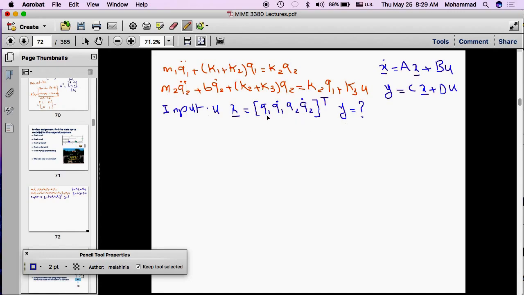So y could be any of these members of the state vector, either one of them or more than one of them. So it could be one of the four, two of the four, three of the four, or all of them. So let's, for now, keep it a question mark. Once we have the model, we'll decide, and I'll show you how matrix C could change depending on what you choose as your output. Okay, let's move forward.